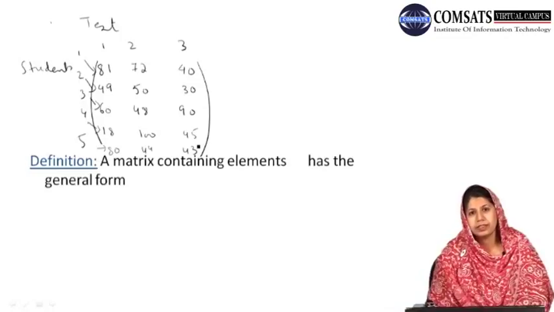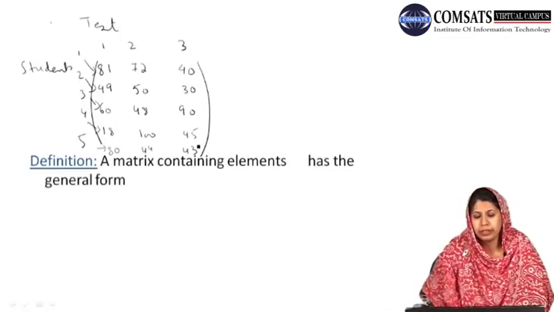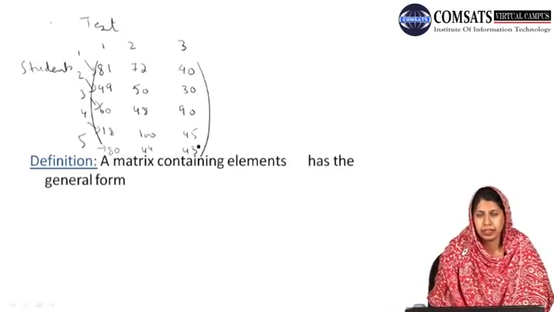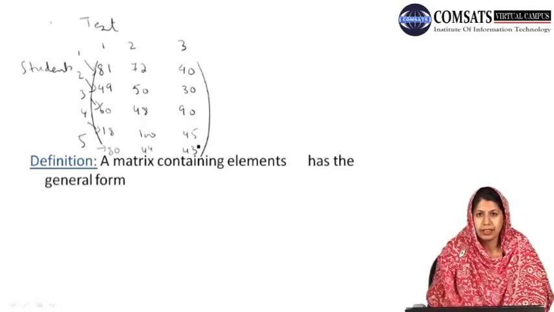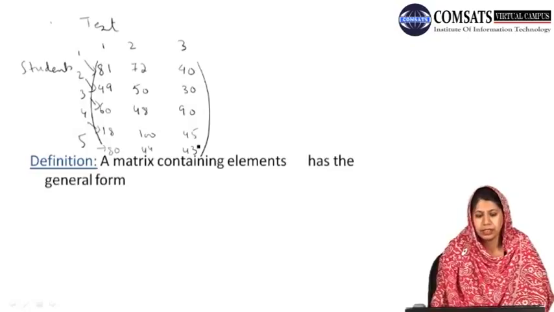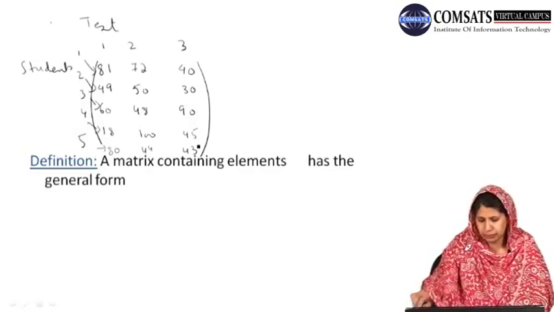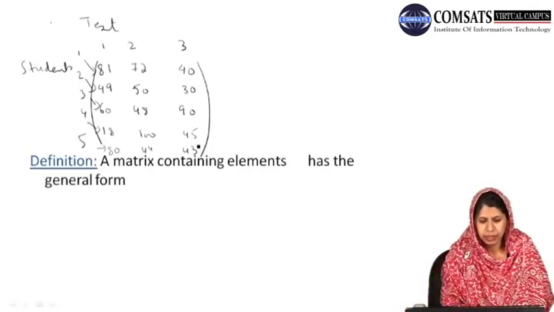By looking at this tabular form, or this matrix, which is easily readable, we can easily recognize which student has obtained how many marks in which test. For example, student 4 has obtained 100 marks in test 2.